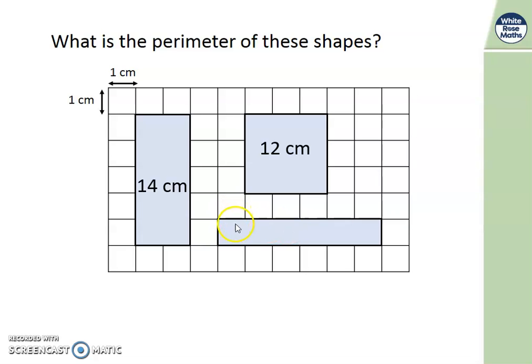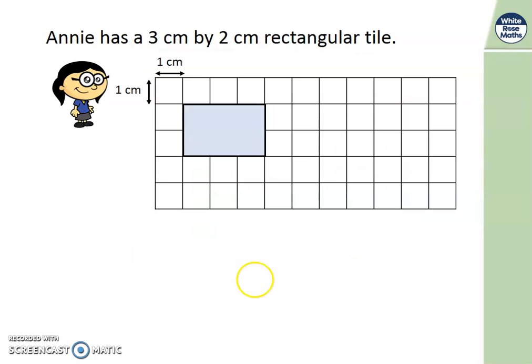On this one, 1, 2, 3, 4, 5, 6 squares along and 1 square down. 6 add 6 is 12. Add 1 is 14. So that's 14 centimetres. Well done if you got those answers.